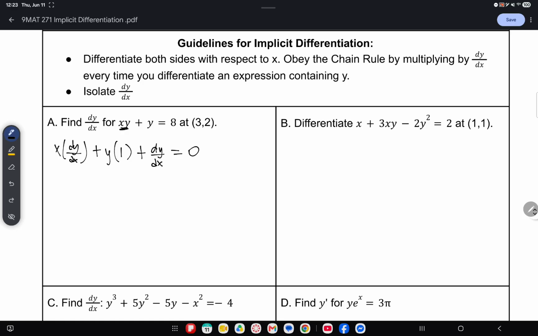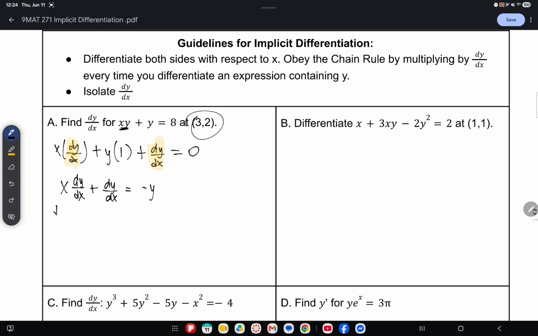Sometimes it's nice to have that function laid out explicitly for us. If we're going to plug in a point, sometimes I plug it in and solve later, but let's just solve for it first here. So I want to isolate these terms. I'm going to move y out of the way. So I have x dy dx plus dy dx equals negative y.